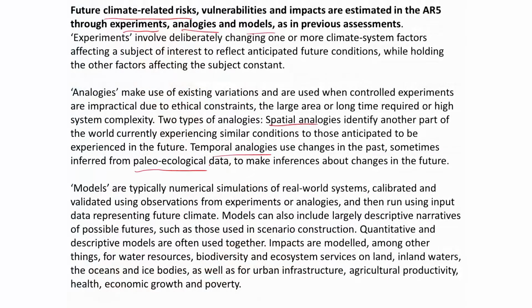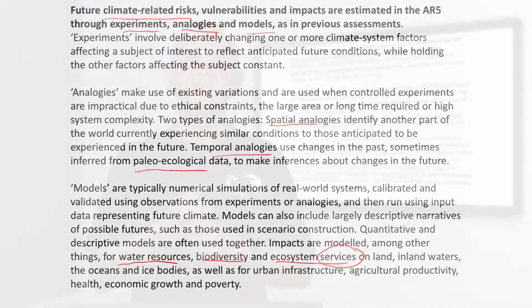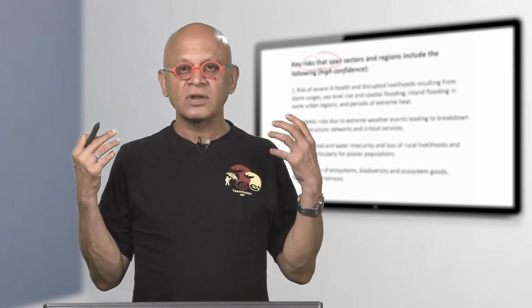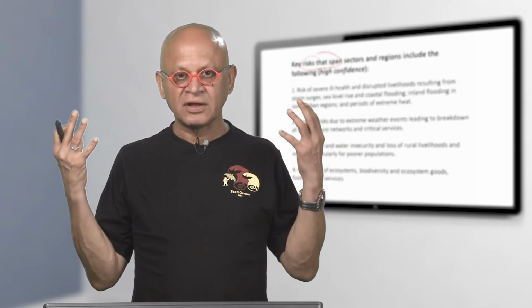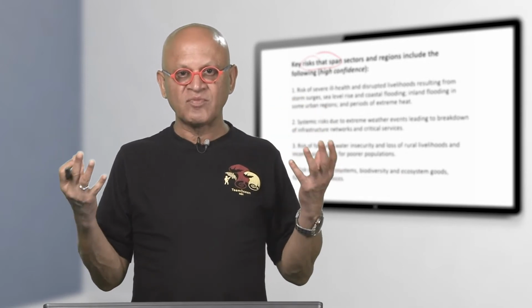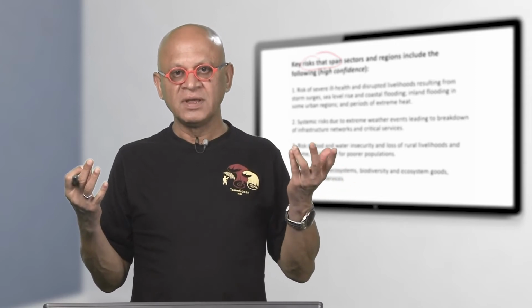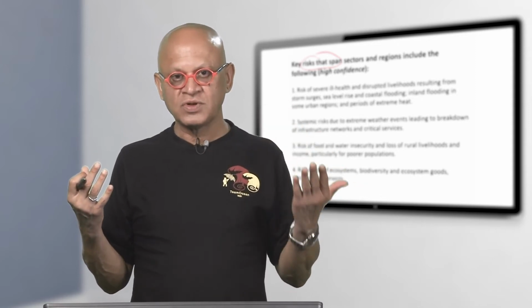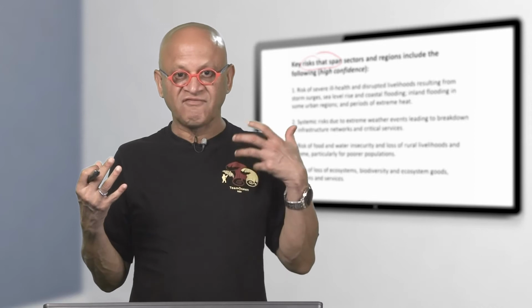So the impacts are modeled, among other things, mainly for water resources, biodiversity, ecosystem services. This term we have not defined, but a module will be provided where I think you have some sense. Ecosystem services means ecosystems or plants and forests and so on provide food, fiber, medicines, firewood and other things which have a value.